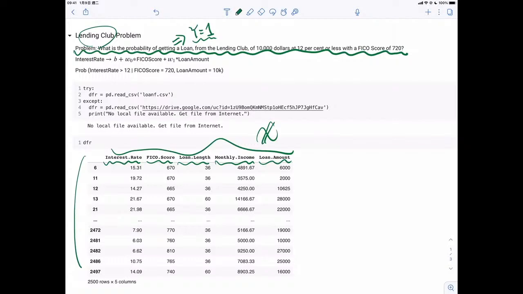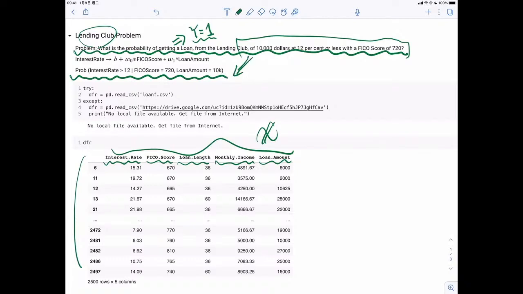Okay, so you have data. The data is right here. Try to clean your data. Okay, a $10,000 loan at 12% or less with a FICO score of 720. So basically the problem is like this. You can do it by yourself.